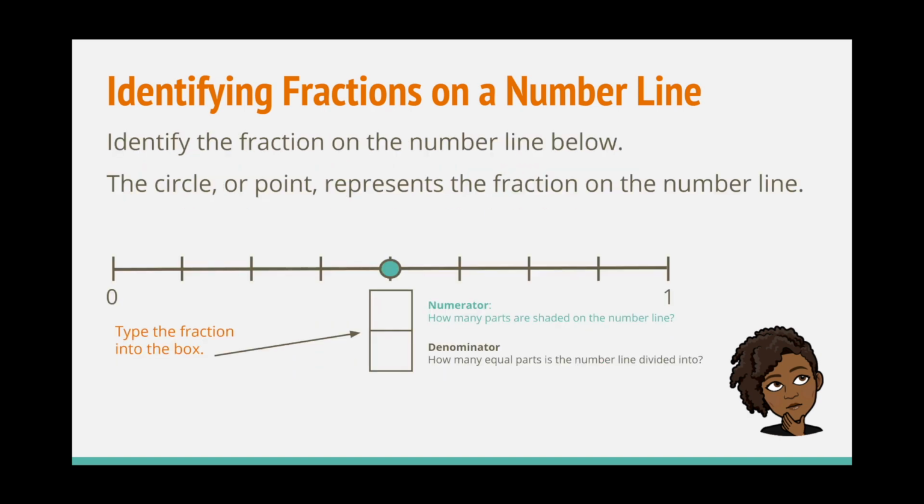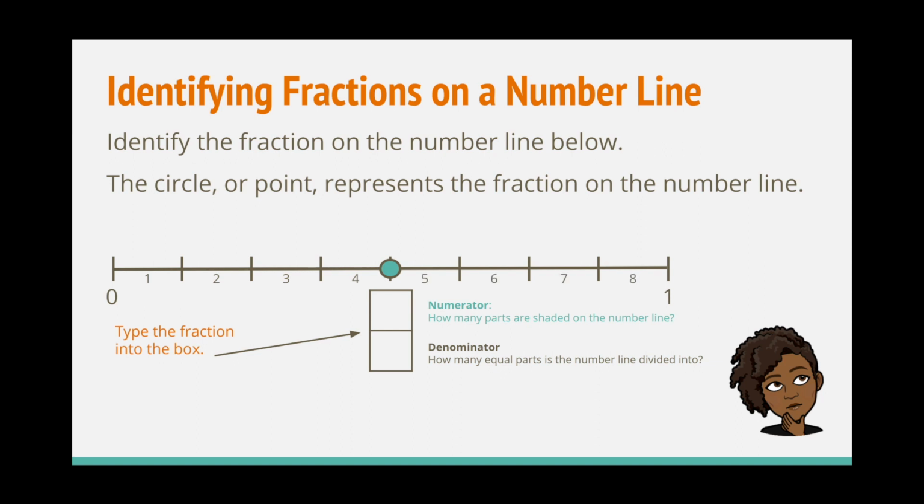But this time, we're not going to use a fraction model, which makes this a little bit more tricky. Identify the fraction on the number line below. The circle, or the point, or that dot, represents the fraction on the number line. I'm going to do what I did last time. I'm going to figure out how many equal parts the number line is divided into. So I'm going to count. 1, 2, 3, 4, 5, 6, 7, 8.